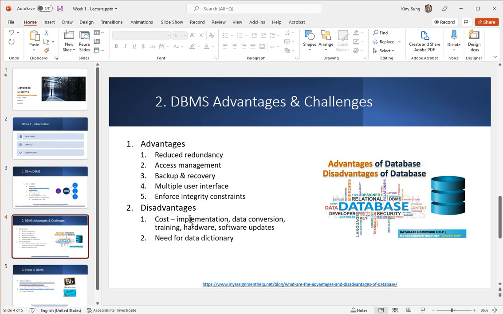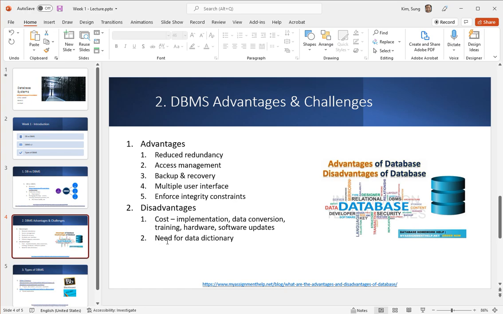But there are some disadvantages that everybody should be aware of. These disadvantages don't usually deter a large corporation from adopting a database management system, but nevertheless, these are a cost or load that we need to be aware of. The first and foremost is the cost.